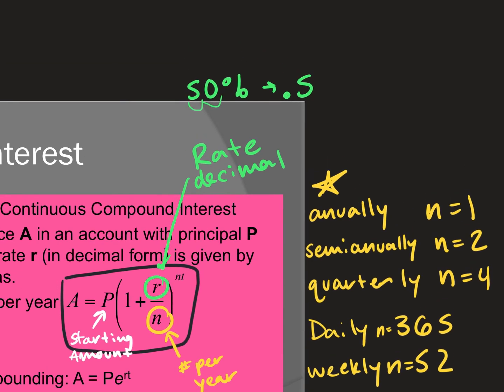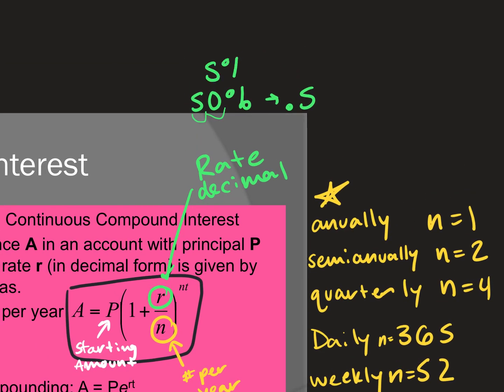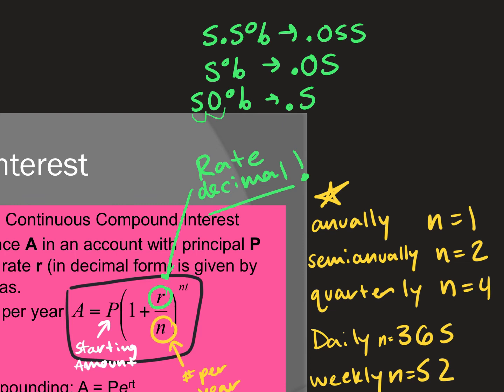What if my rate was 5%? 0.05. What if my rate was 5.5%? 0.055. So just be careful. When you're plugging in the rate, it has to be the decimal version. And just move your decimal 2 places.